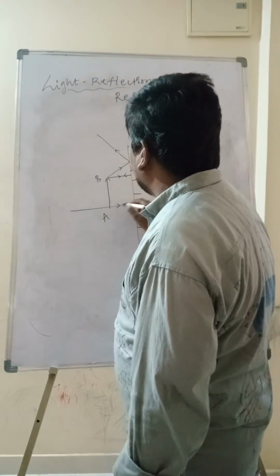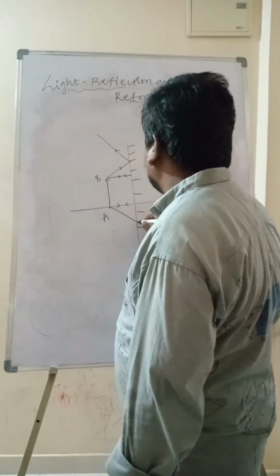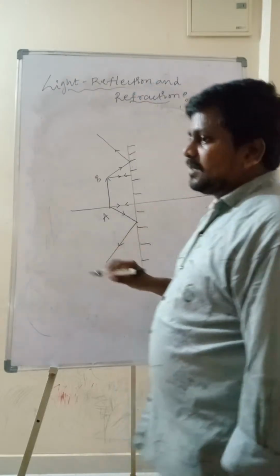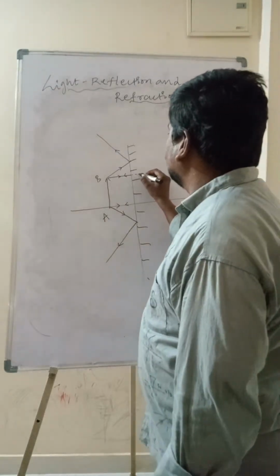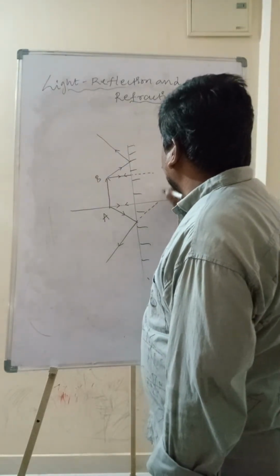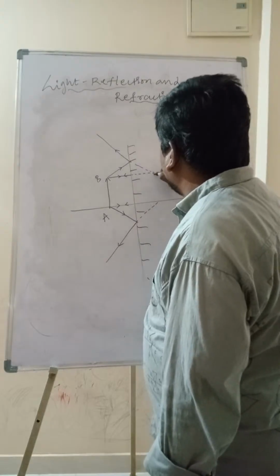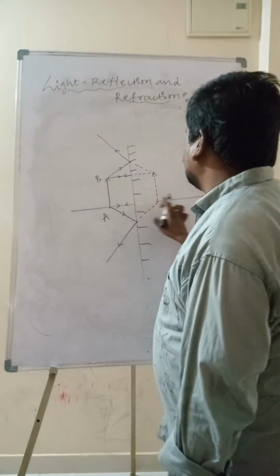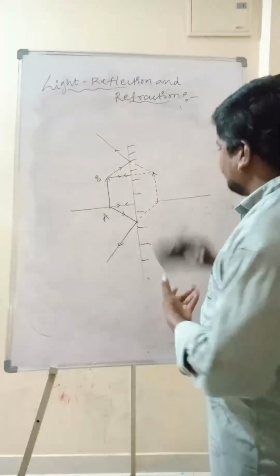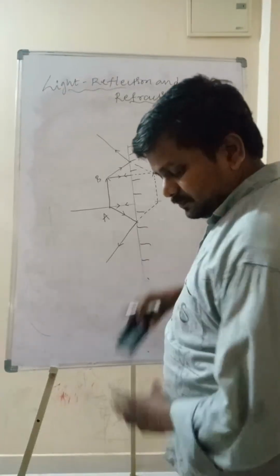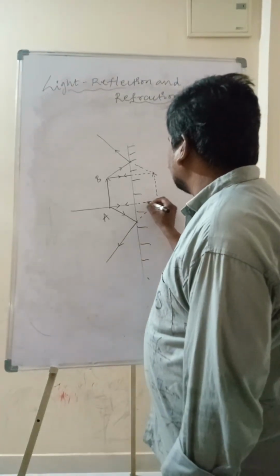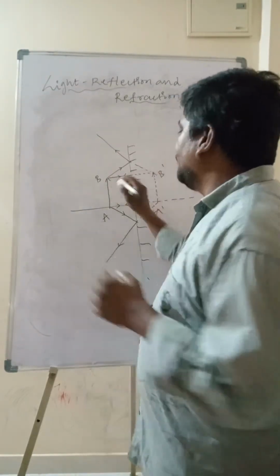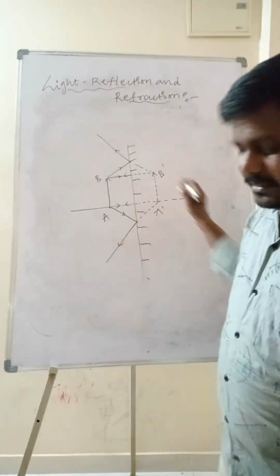If we extend these reflected rays, a virtual image will form. Here also, virtual image only. In this entire case, the image is virtual. So AB is the object, and A dash B dash is the image.